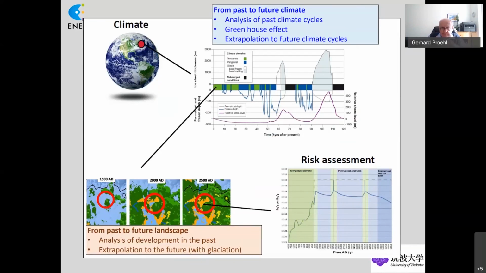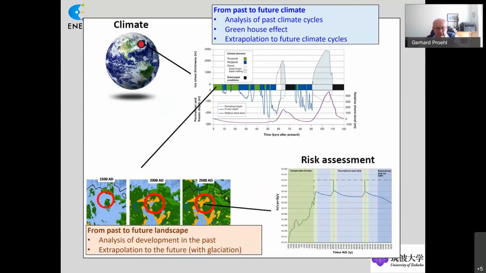And here, this is just a scheme for the safety assessment, how these two elements of changes of landscape and change of climate come together.